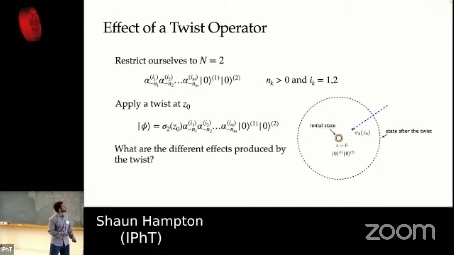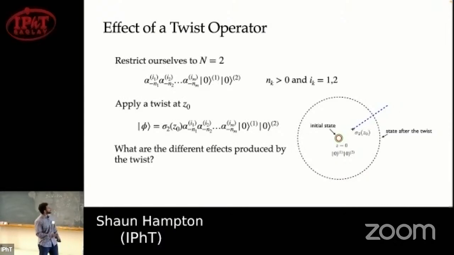So what is the effect of the twist operator? What types of things happen when we apply the twist operator to, say, a collection of bosonic modes? In most of the talk, I'm going to restrict myself to N equal to 2.